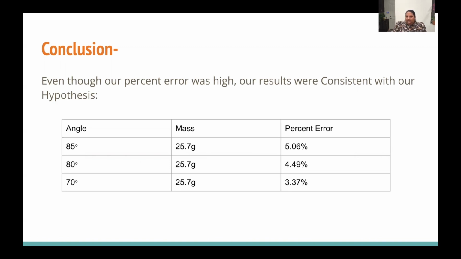This further justified the fact that it may have been because of human error, where it was at an 85-degree angle. We felt like there could have been more air resistance because the mass had more air to travel through. And we did feel like that air resistance could also contribute to the higher percent error with the increase of angle.